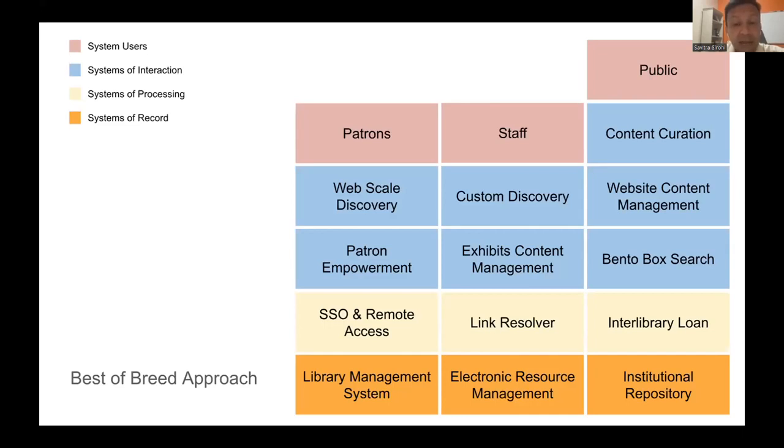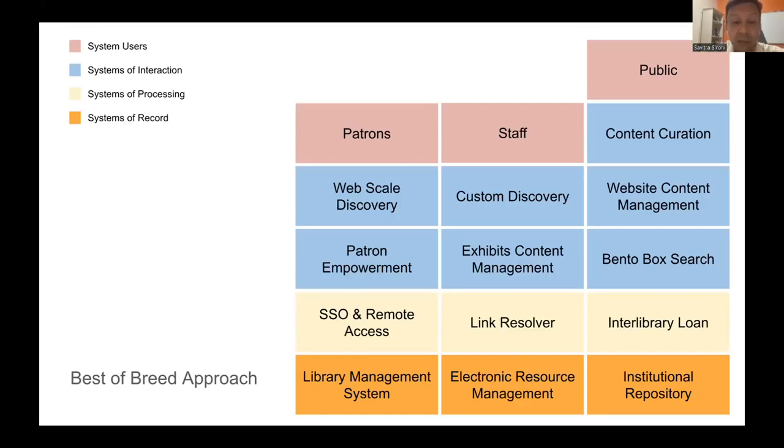And then we had to make sure that all these boxes could be supported well and could be integrated as well, right? So data from the library management system may have to go to some discovery system so that it can be seen there, right? Single sign-on has to be integrated with all these applications so that the user signs in and is able to get into any of these systems. Okay, so we had to think about how to do the integration.